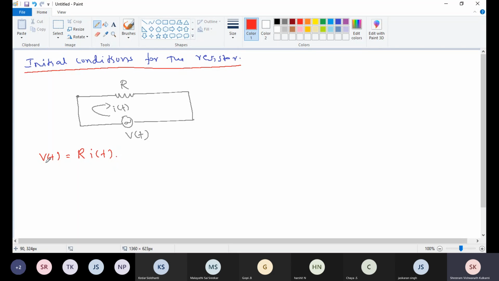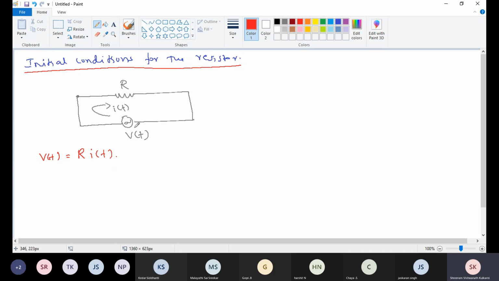Where the current through the resistor will change instantaneously. It means whenever I apply a voltage source V of t to a network containing a resistor, the current will change instantaneously.